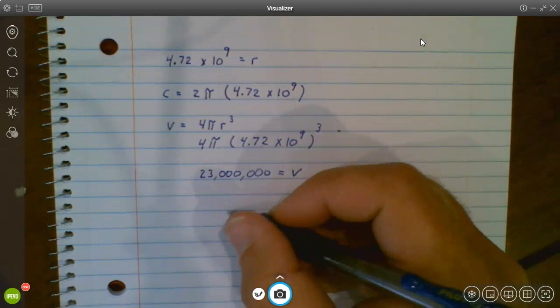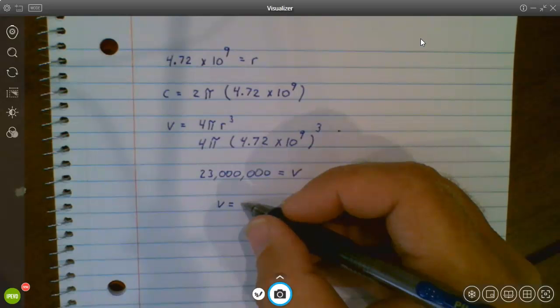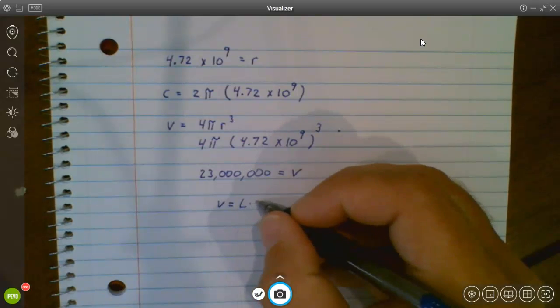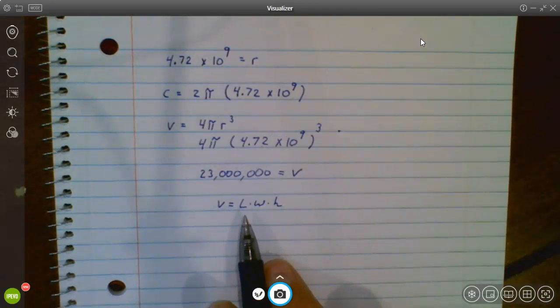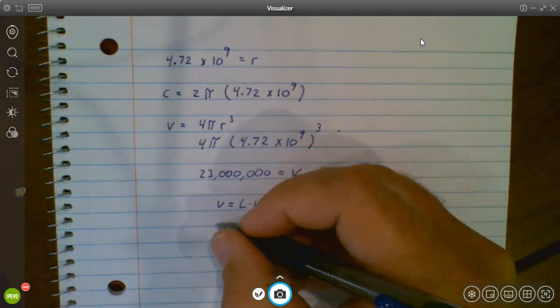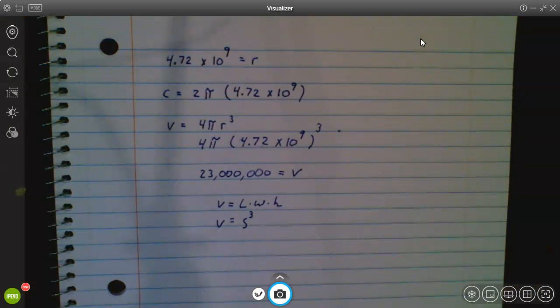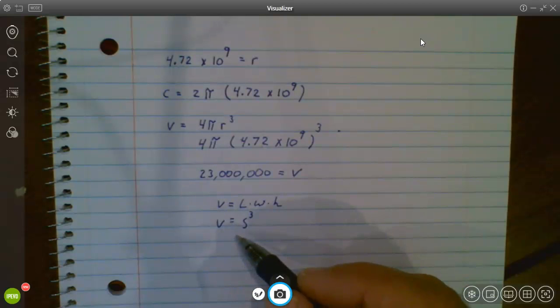So volume of a cube, remember volume of a cube or a prism, which is in your formula packet, is just length times width times height. Well, in a cube, these are all the same. So that makes your volume the side length times itself, right? So that's the easier way to look at it when you're doing volume of a cube.